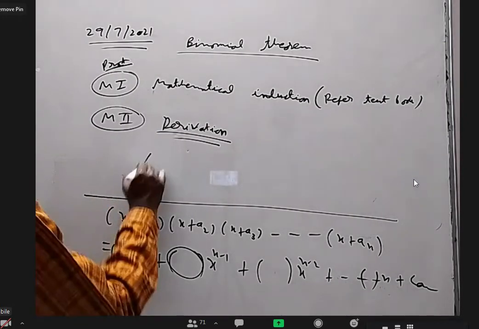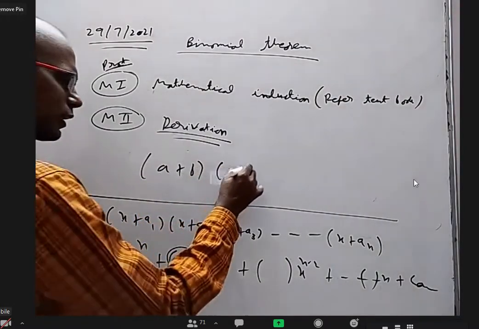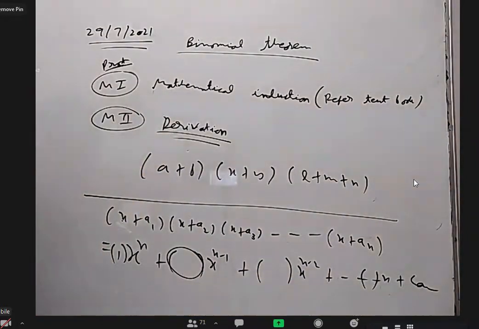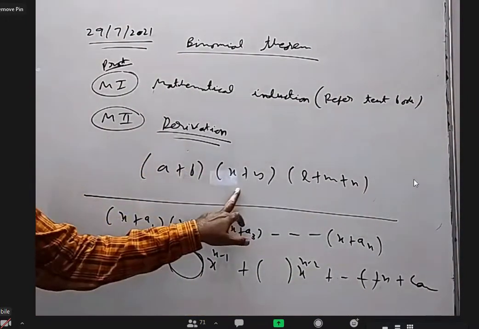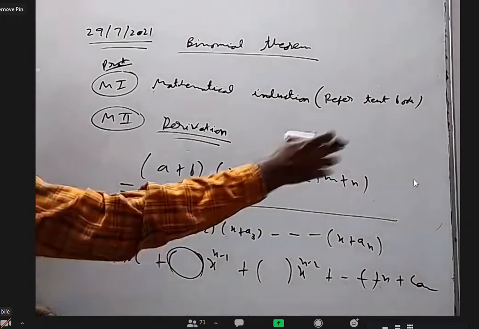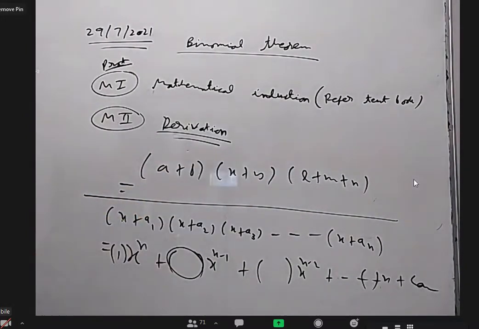Let us say I have (a+b)(x+y)(l+m+n). Without multiplying these two and then this, can anybody tell me when you multiply all these three together, what are the different terms that will come?